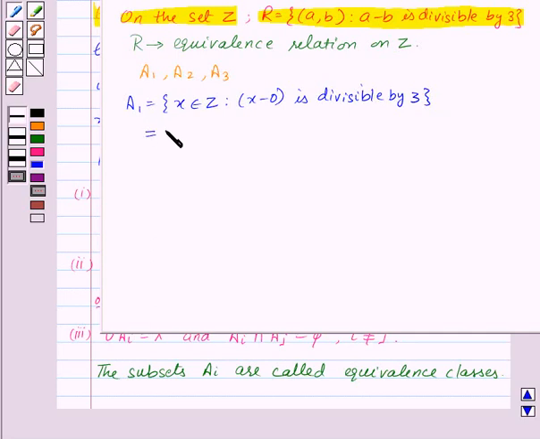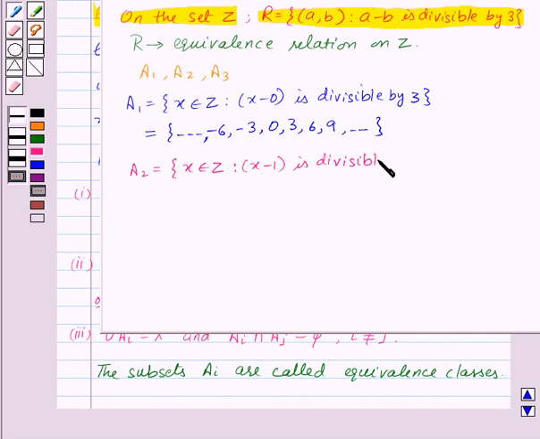So in this we will have the integers like minus 6, minus 3, 0, 3, 6, 9 and so on. Now A2 is defined by the set of x belonging to Z such that x minus 1 is divisible by 3.